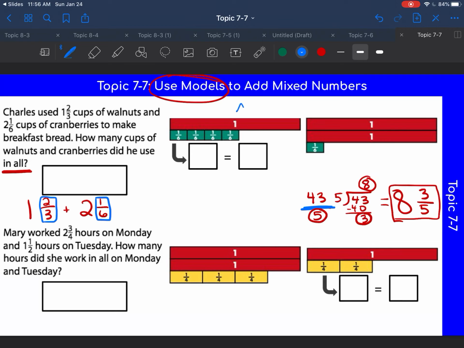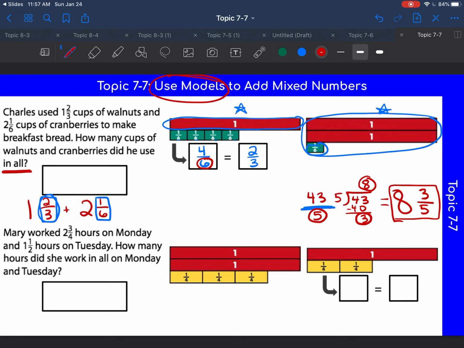So if you look at these two models up at the top, okay, 2 1/6 is represented by showing 2 wholes and then a sixth.